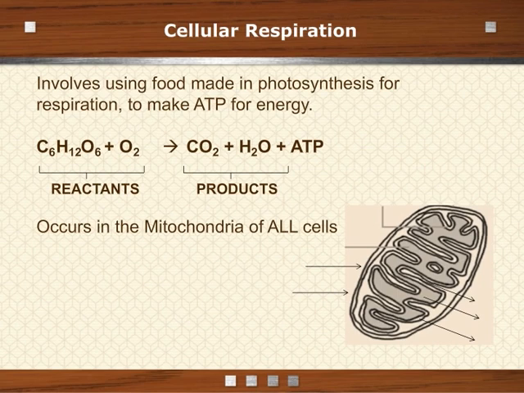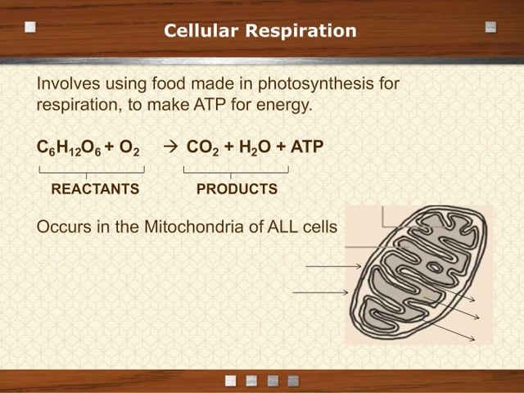Let's label on the diagram of the mitochondria what is going in and what is coming out. You will see 2 arrows going into the mitochondria. Looking up at your equation, you will see that glucose, C6H12O6, and oxygen, O2, are going in.